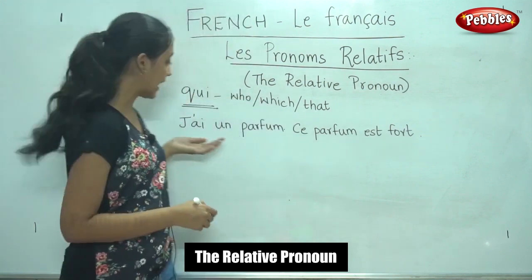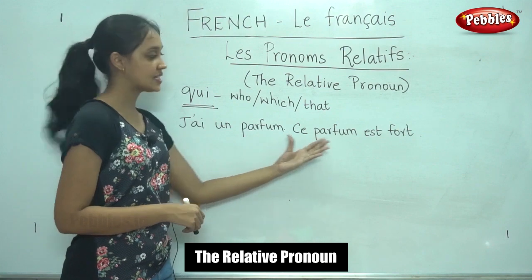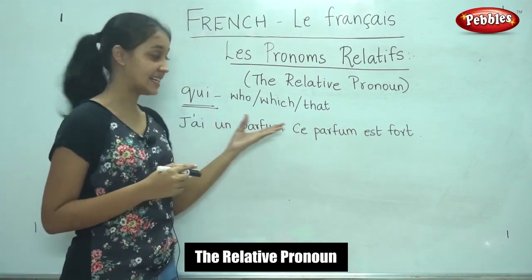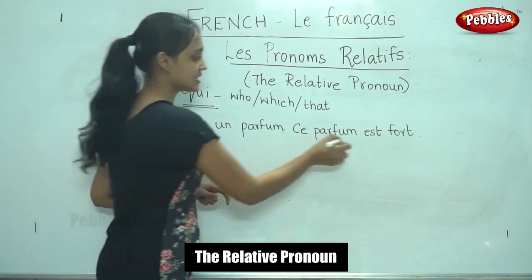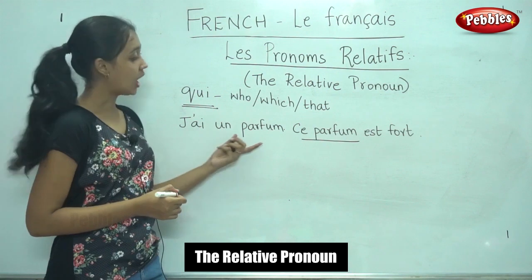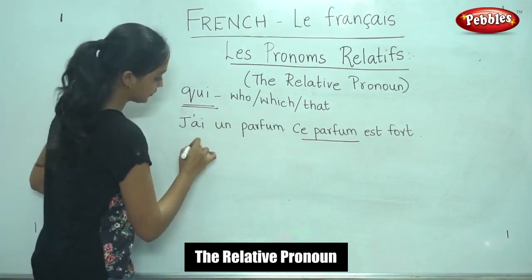Now take a look at this sentence. J'ai un parfum, ce parfum est fort. Now what is the word that is repeated? It is ce parfum. So how would we join these two sentences?